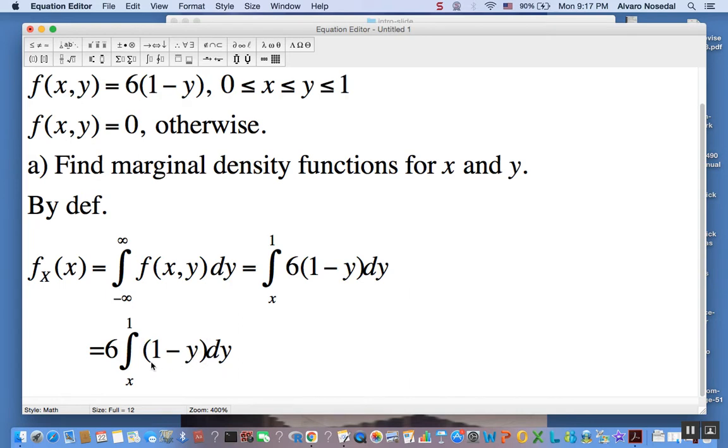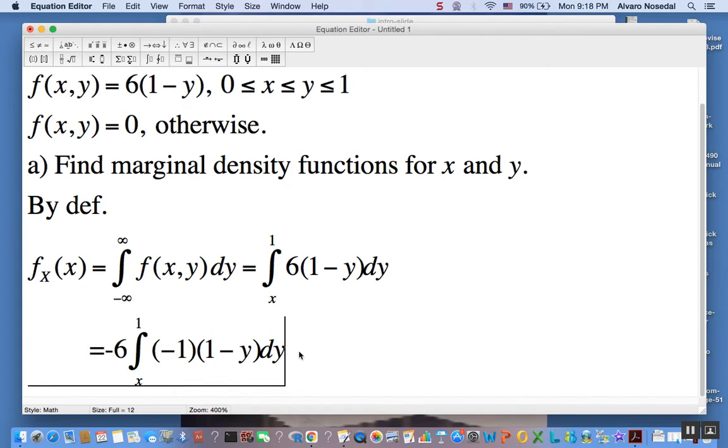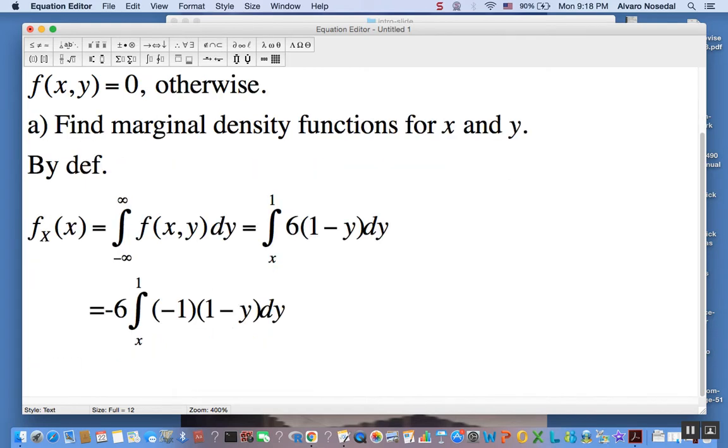If we had a negative 1 outside, clearly the derivative of 1 minus y squared divided by 2 would give you this. Make sense? So we need a negative 1 here. We are multiplying by just a 1, so we can easily find this integral. And I'm going to say something about this in just a sec.